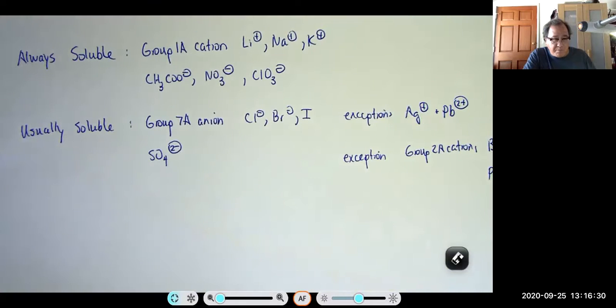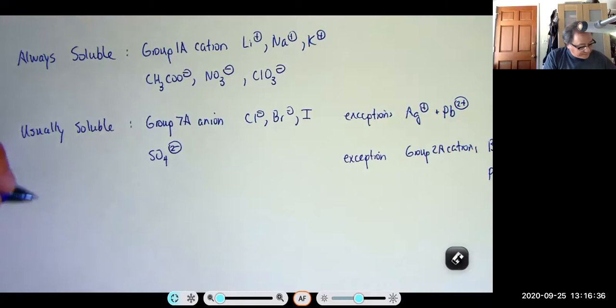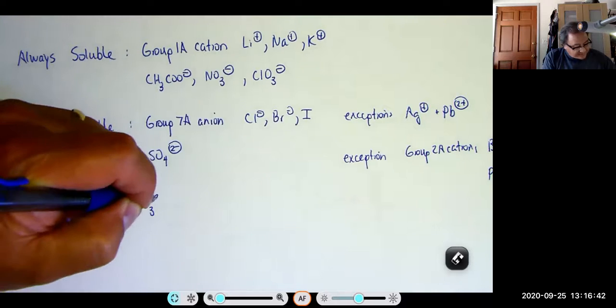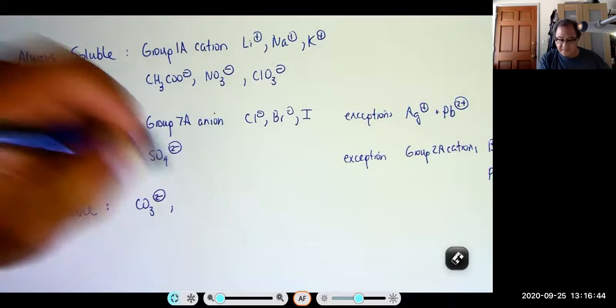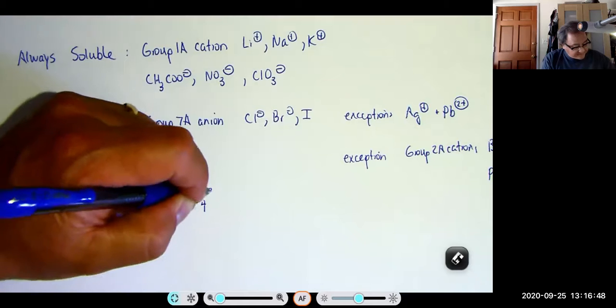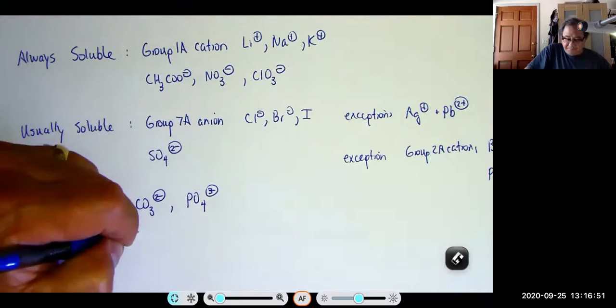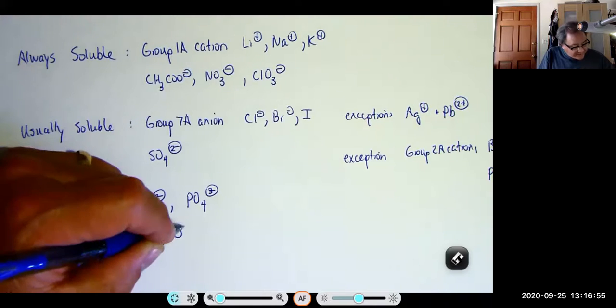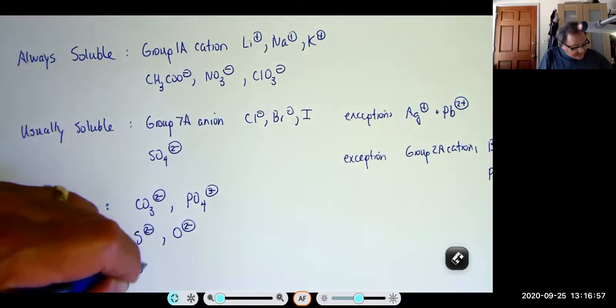And then I have a list of things that are usually not soluble: carbonates, phosphates, sulfides, oxides, and hydroxides.